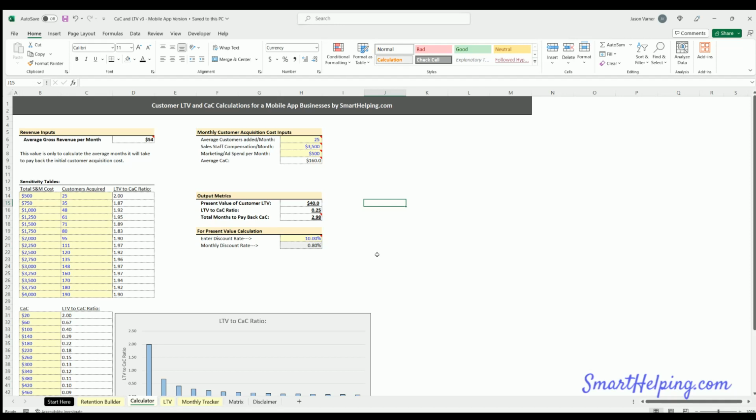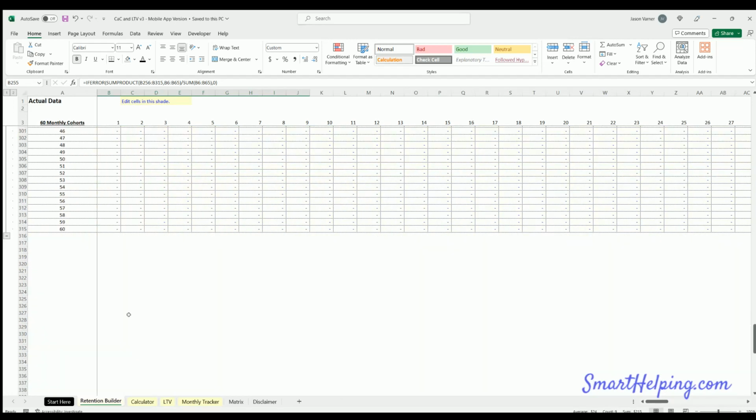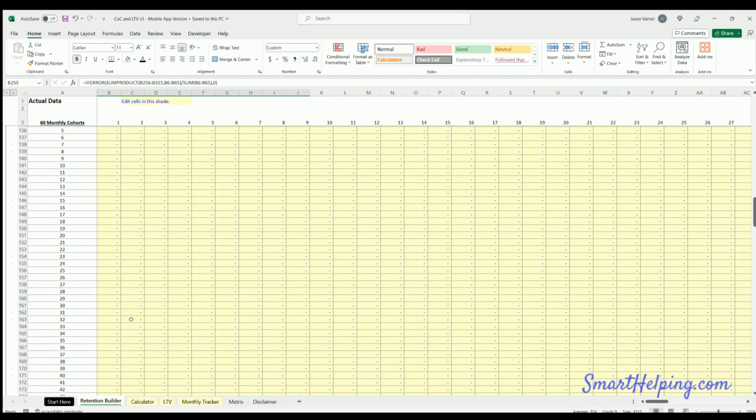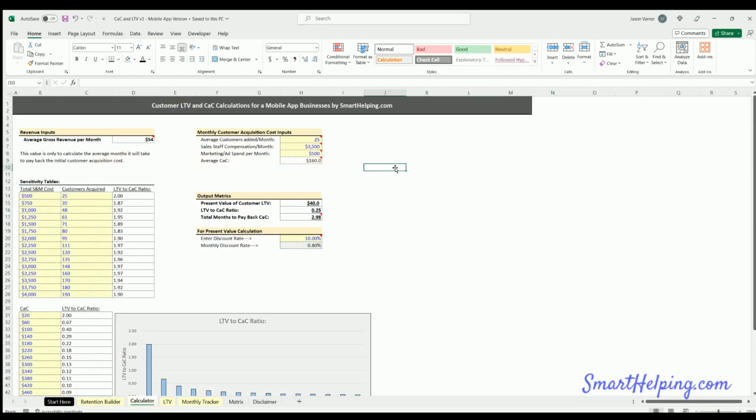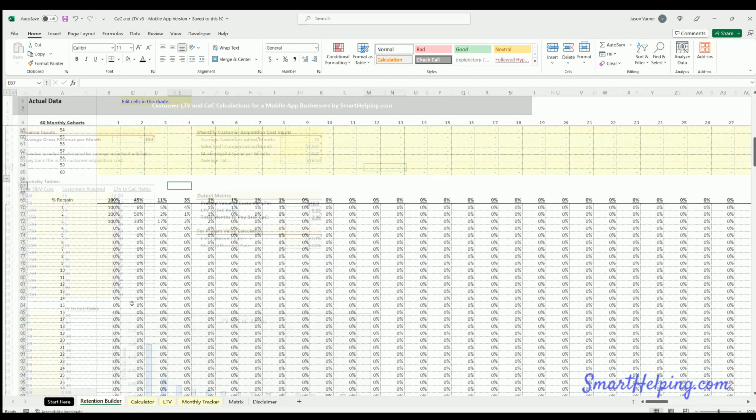So if you were to do the same analysis to try to figure out what am I spending to acquire all my customers and what are those customers producing in value, that would be based on this curve here. So that's why when we're breaking everything down into a per customer level, we have to do the same calculation.